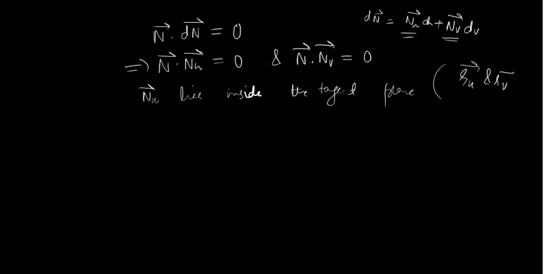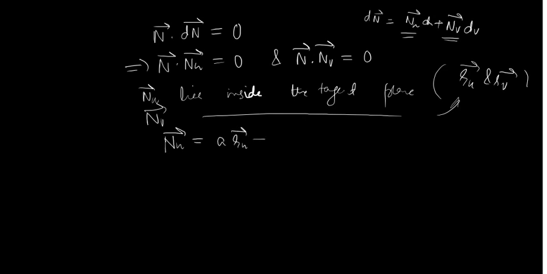Similarly, n sub v also lies in the tangent plane, therefore it also can be written as a linear combination of Ru and Rv, because Ru and Rv are the spanning vectors of the tangent plane. Okay, so what we do now, suppose I write n_u as a linear combination: some scalar a times Ru plus some scalar b times Rv. A and b are just numbers, some scalars.